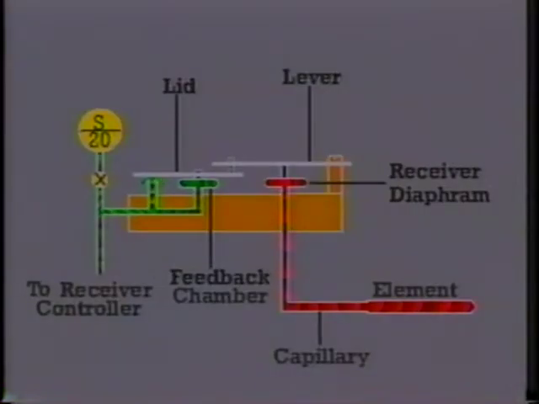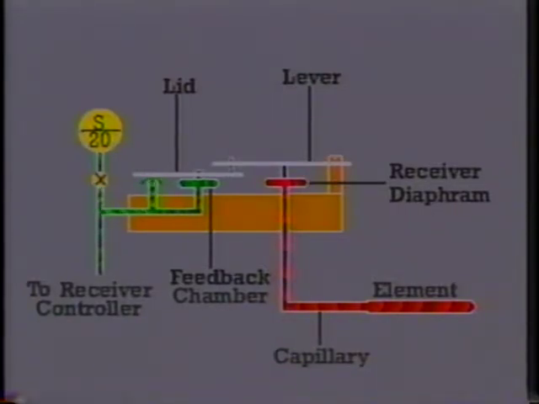Now that we've seen the differences between pneumatic transmission systems and conventional control systems, let's move on to the actual operation of the pneumatic transmitter. Since the most common transmitter type is the T5210, we'll take a look at a cross-sectional drawing of the instrument to explain its operation.